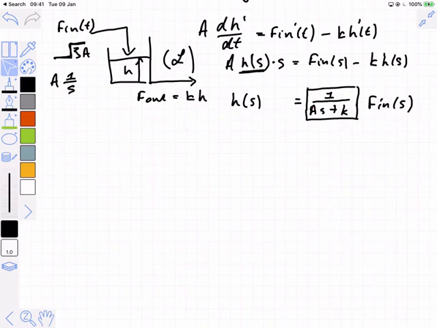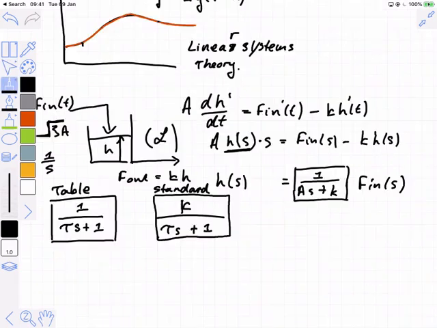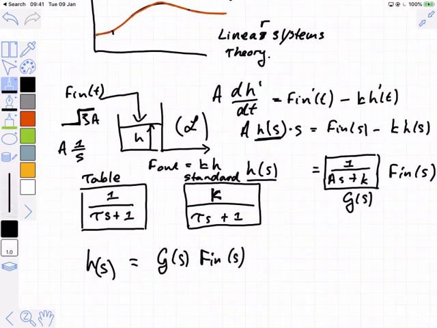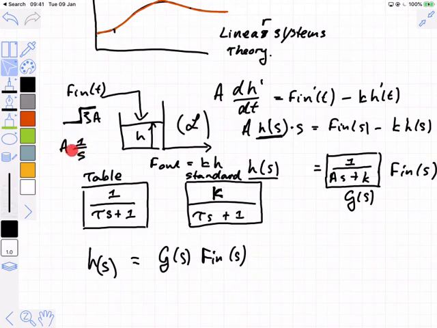Now, we're going to write this transfer function in a standardized form. Now, solving this for a unit step input is as simple as taking that, and remember now I'm trying to find H(s). So if this is G, I can write H(s) is G(s) times F_in(s), and remember we already figured out that that's going to be some constant times 1 over s.